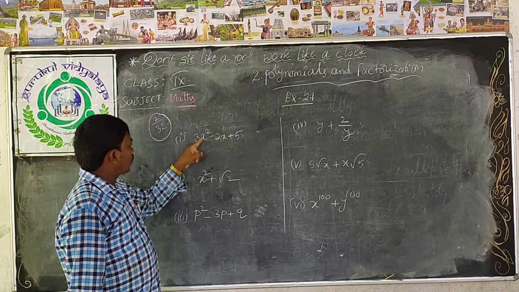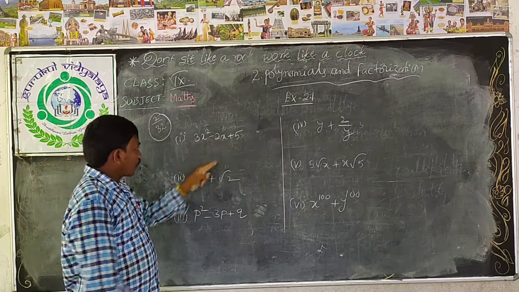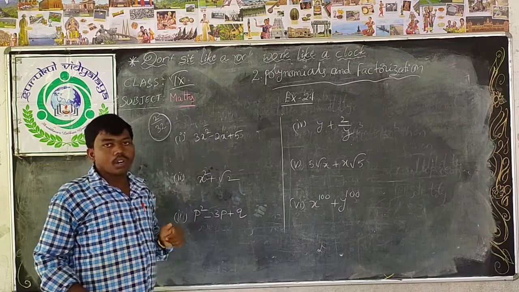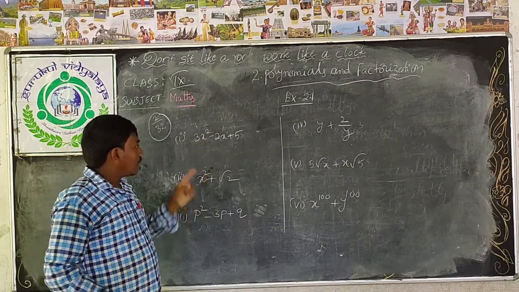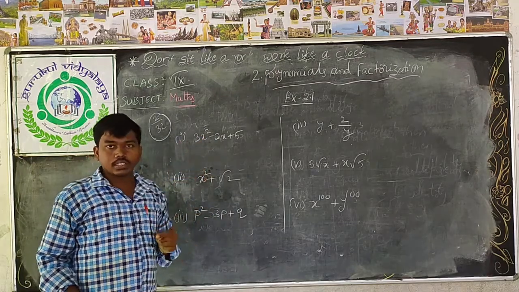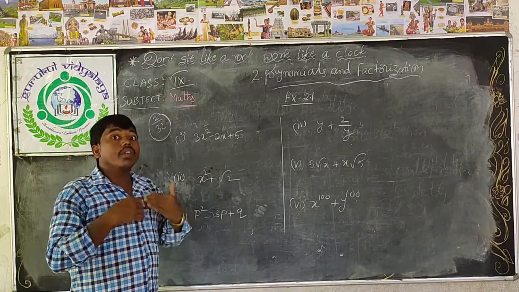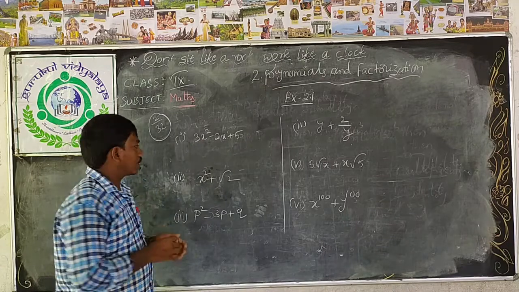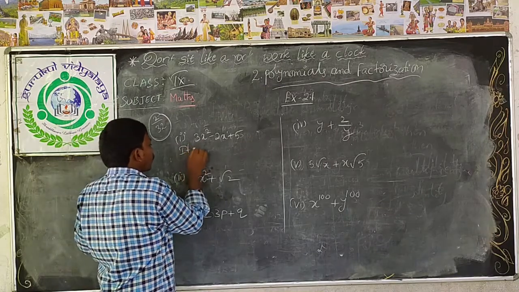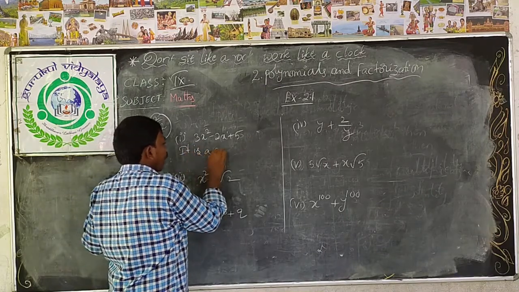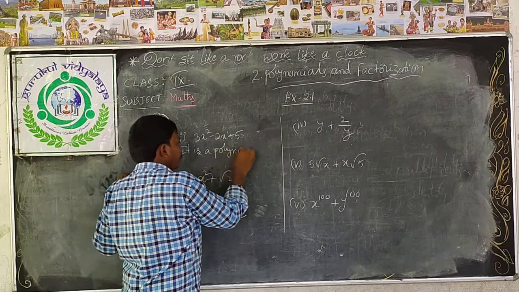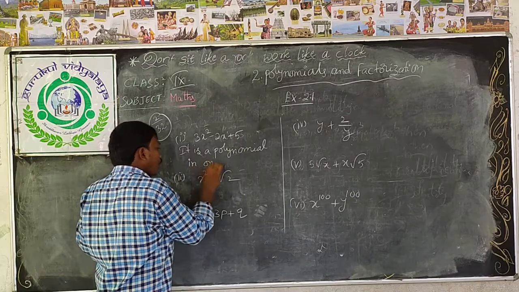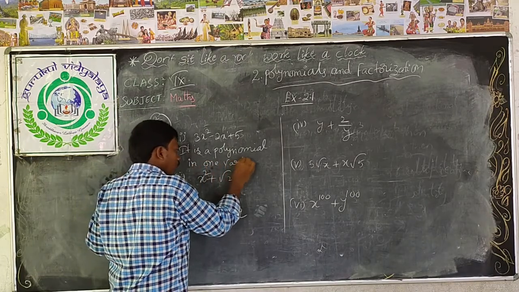Yes, the power of variable x is 2 and 1. The powers are whole numbers, 2 and 1, so it is a polynomial. That is the first thing. Second thing, how many variables are there? You have to check. x, only one variable. So it is a polynomial in one variable.